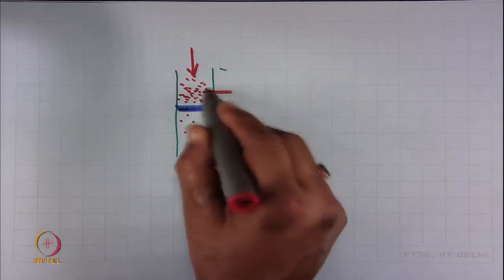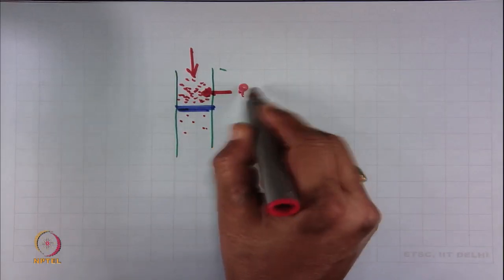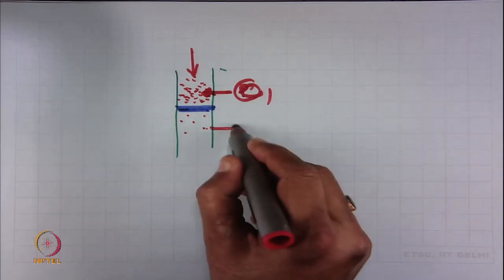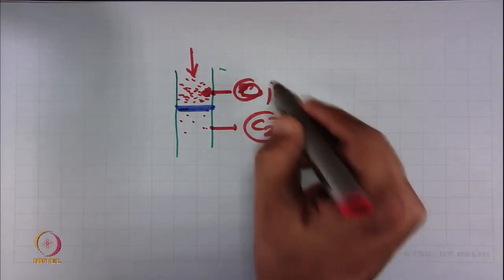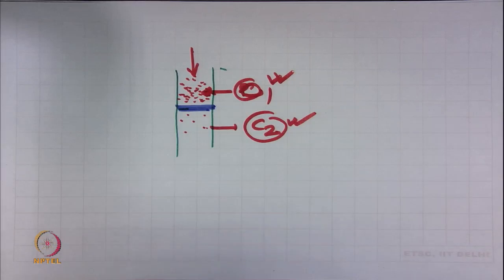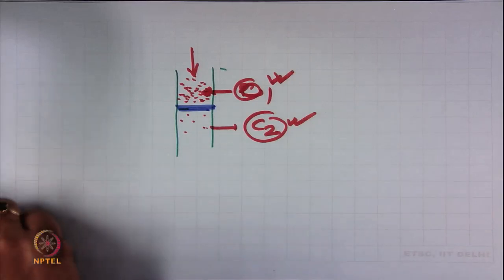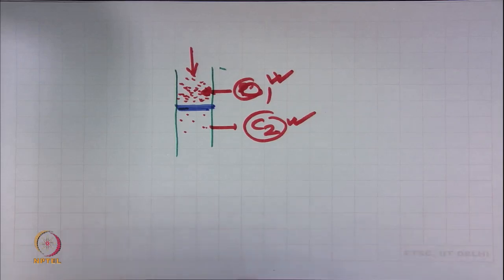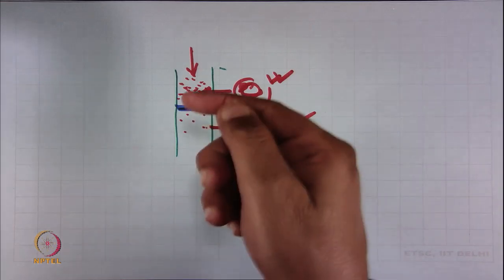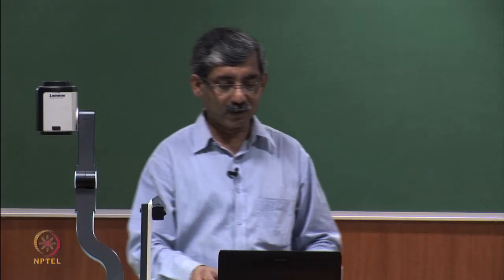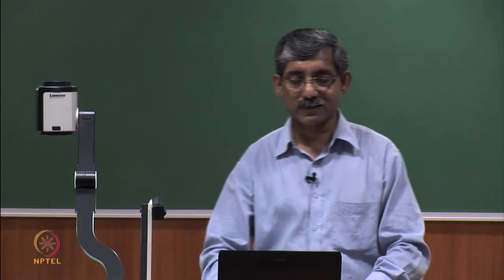Here we have put one particle counter, counter 1, and here counter 2, and these particle counters will count the number of particles per unit volume of air. So, by calculating the number of particles in upstream and downstream side, we can calculate the filtration efficiency.